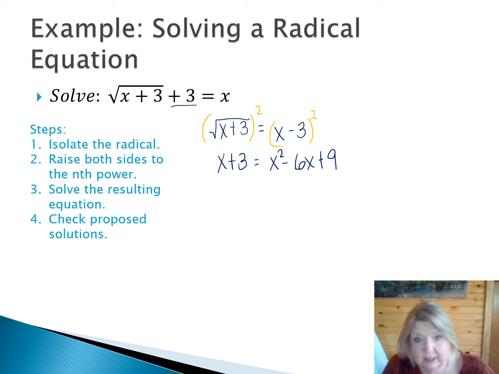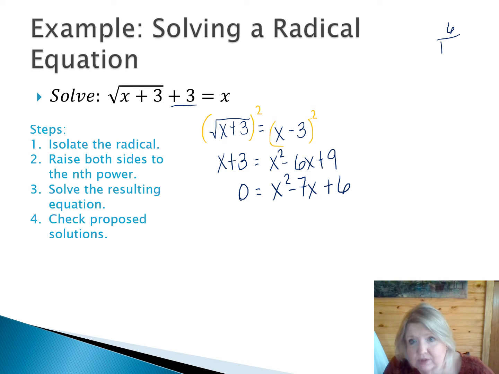So I want to set it equal to 0. That was my algorithm for quadratics also. So that would be x squared. Since it's plus x, I'm going to say minus x. That'll give me minus 7 altogether. Since it was plus 3, I'm going to say minus 3, and that will leave me 6. This can factor because I'm thinking factors of 6, both signs negative, that add together to give me 7.